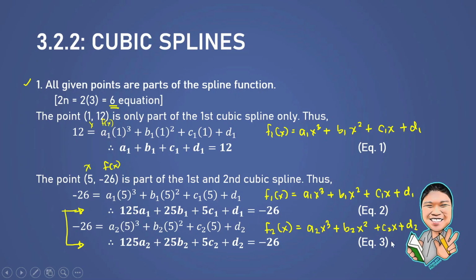To do the same for the second spline, again, magkamukha lang yan, only that yung mga subscript ay nakatuna. So, magiging 125 a sub 2 plus 25 b sub 2 plus 5 c sub 2 plus d sub 2 equals -26. Okay, so nakatatlo na tayo.